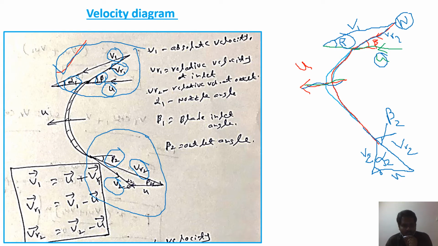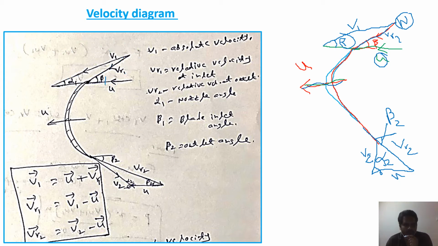From this diagram we can find the relative velocity Vr1 and the relative velocity Vr2. As I said, vector V1 equals vector Vr1 plus vector u.